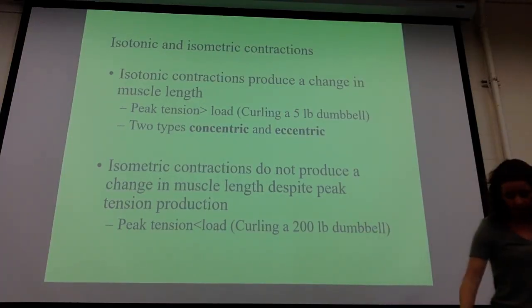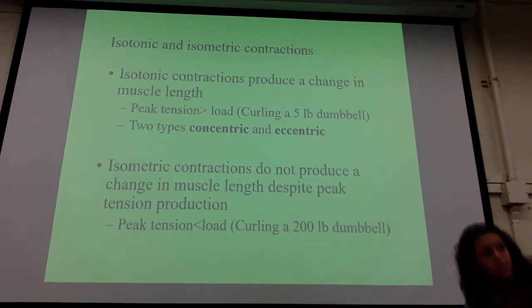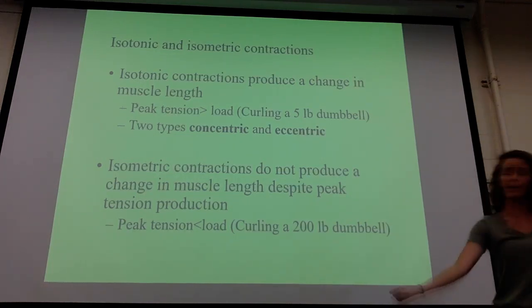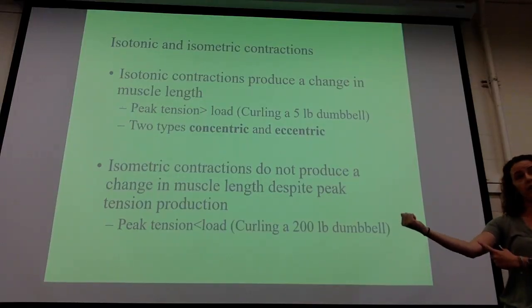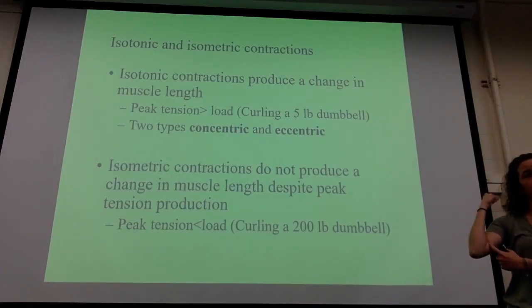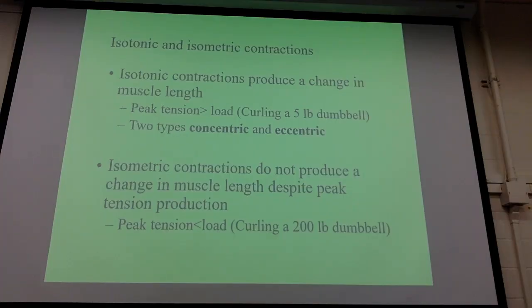So if I am picking up a bag of groceries and for whatever reason I feel like doing a bicep curl with my bag of groceries, this shortening phase is the concentric phase. And then I go to set down my bag of groceries, and again, for whatever reason, I'm just going to set it down like this because I'm strange.